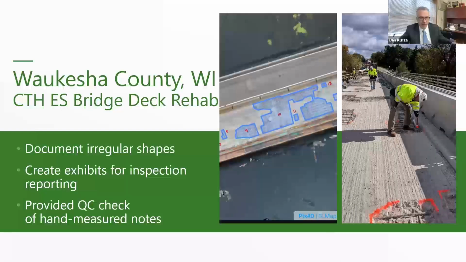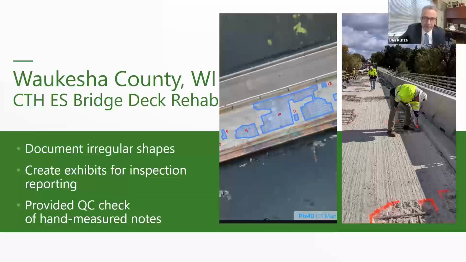In Waukesha County, Wisconsin, it was a bridge deck rehab. It's a smaller bridge deck rehab project, and they're typically done in halves. The existing concrete surface is milled down. Areas of concrete delamination need to be repaired. So our inspectors are out there and they need to document type 1 and type 2 repairs, which you can see in the picture on the right.